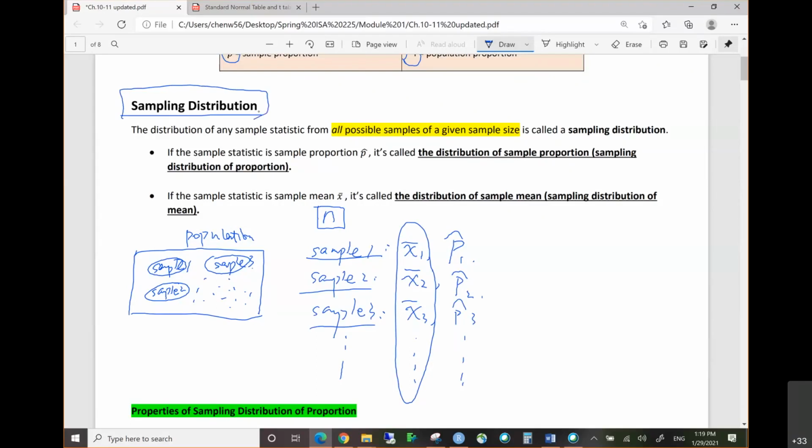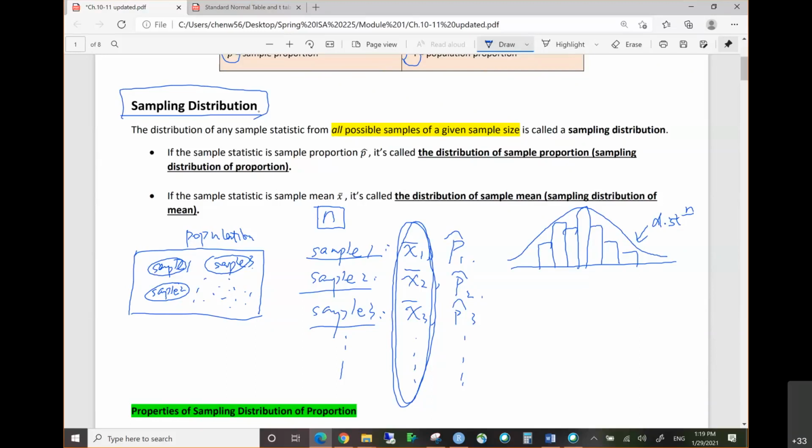For example, for the list of the sample means, these are possible sample means. Based on these values, I can draw the histogram, right? And then based on this histogram, I can draw the overall curve. And then this curve is actually our distribution.